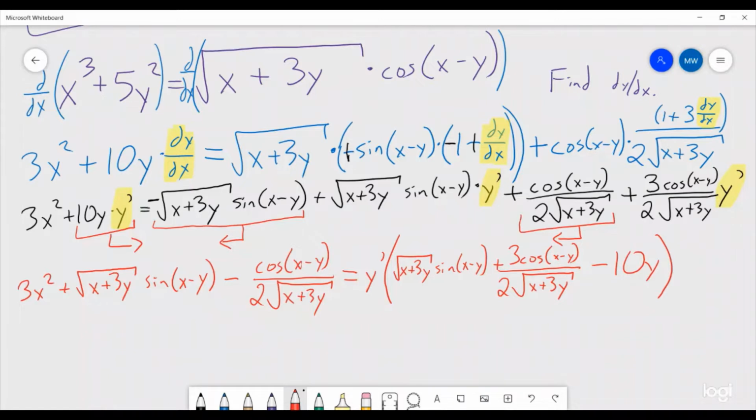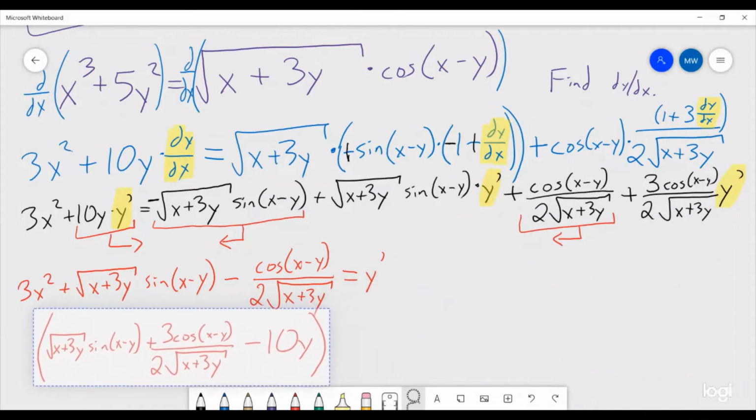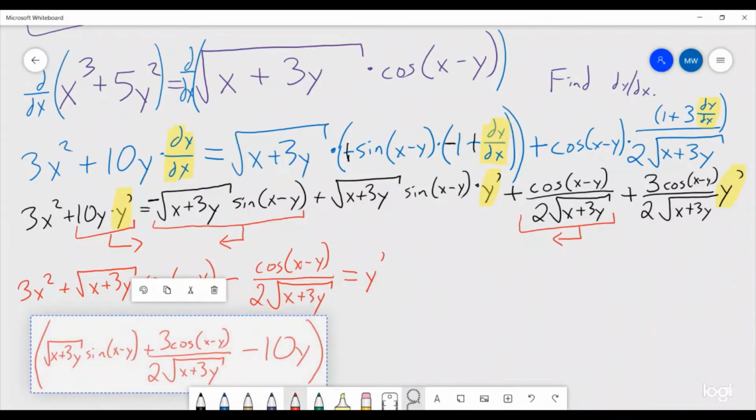Now, to get y prime, we are going to take this entire piece and move it over to the denominator of the other side. So let's just grab that, because I don't feel like trying to rewrite this. So we take all of this, and we are going to move this to the denominator of this.